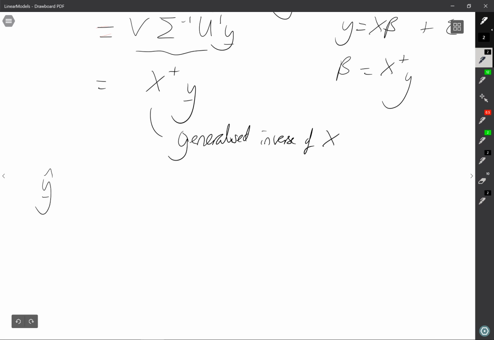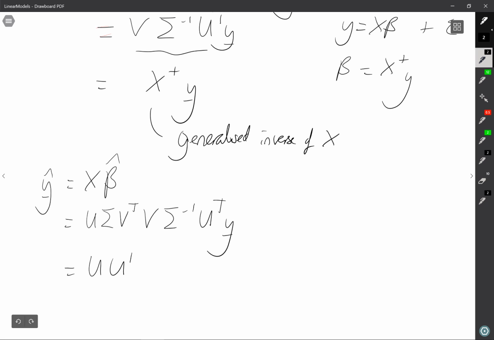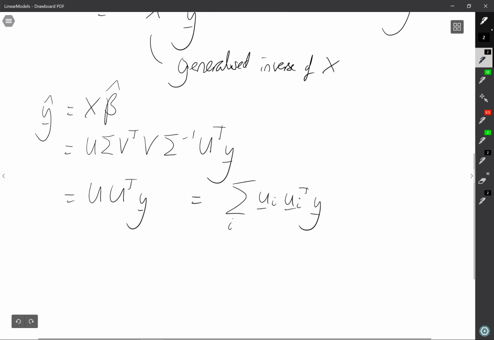So the fitted values, remember, were X times beta hat. So if we put in X, that was U sigma V transposed. Substitute beta hat, that was V sigma inverse U transposed Y. So this simplifies to U U transposed Y, which we can write as the sum of u_i u_i transposed Y, i equals 1 up to p.